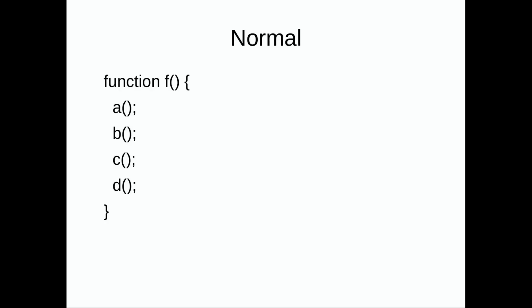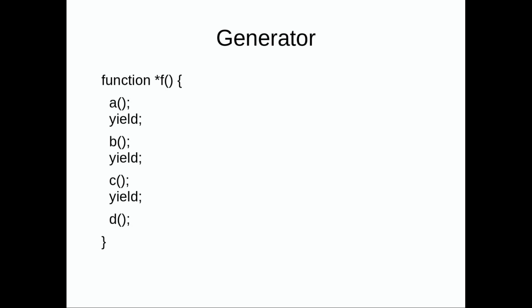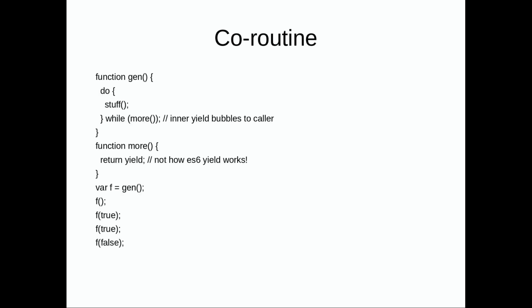So that's some code. This would be the normal function, just synchronous A, B, C calls, whatever. In a generator, you could just yield between each of those calls, and the end effect would still be a sort of pseudo-synchronous execution. But for coroutines, we want to yield inside that more function, which would also suspend the gen function.